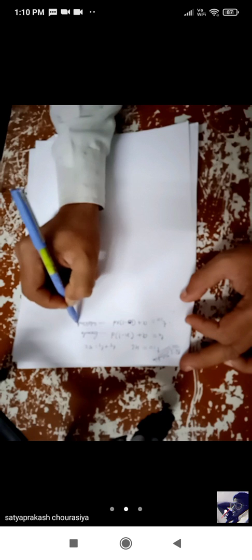Now, this is the formula, and here we substitute values. We only know the n value, and a and d are unknown to us. Now T10 is equal to a plus 10 minus 1, which is 9, into d. So here T10 is equal to a plus 9d. This is your equation number 1.